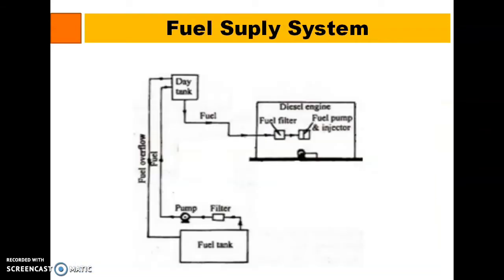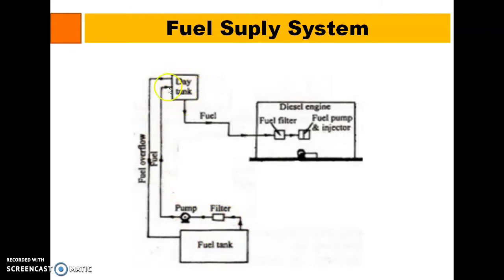The next one is the fuel supply system. As diesel is used as the fuel in the diesel engine system, it consists of the main fuel tank, or storage tank. Then the fuel is given to the day tank.